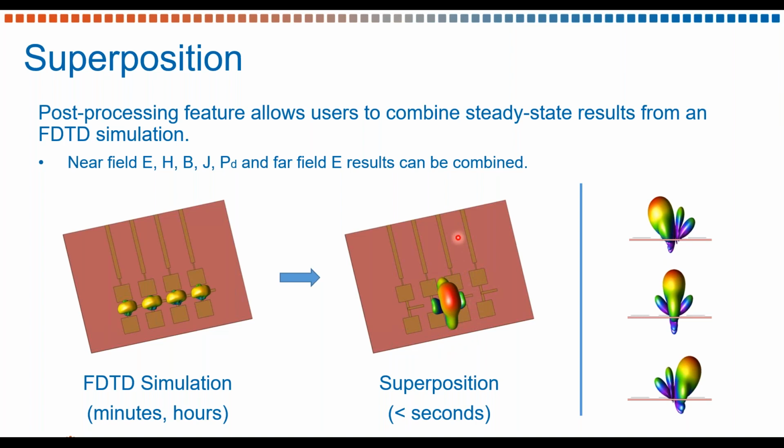Similarly, we can change the phases between different elements to obtain different beams, steering it in different directions. All this analysis can be performed in less than a second, which would greatly help antenna designers in designing beamforming antennas for 5G applications.